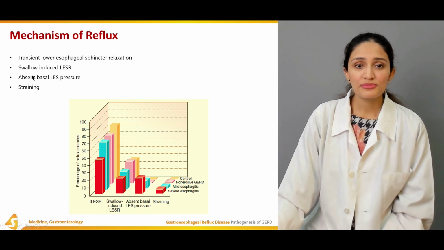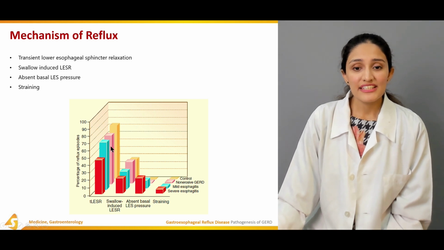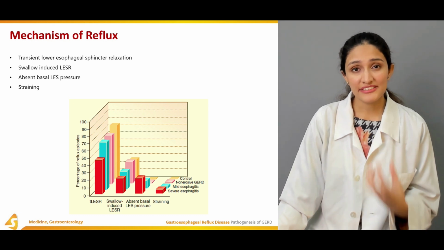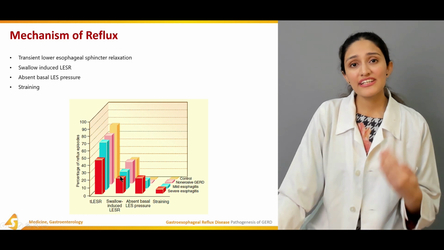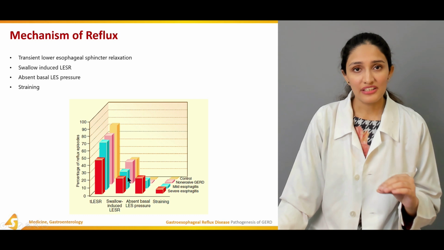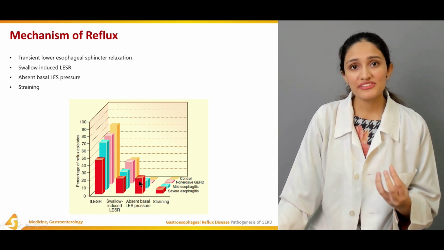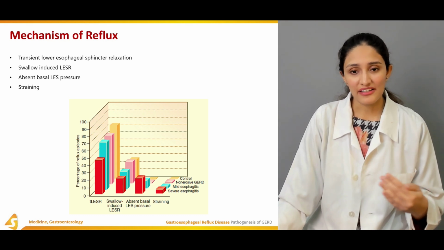The second most important is swallow-induced lower esophageal sphincter relaxation. This is associated with dysfunctional peristaltic movement and also with hiatal hernia. Reflux is normally not allowed because the diaphragmatic crura I mentioned before does not relax, and the relaxation is usually very short, so it does not let the reflux come back.